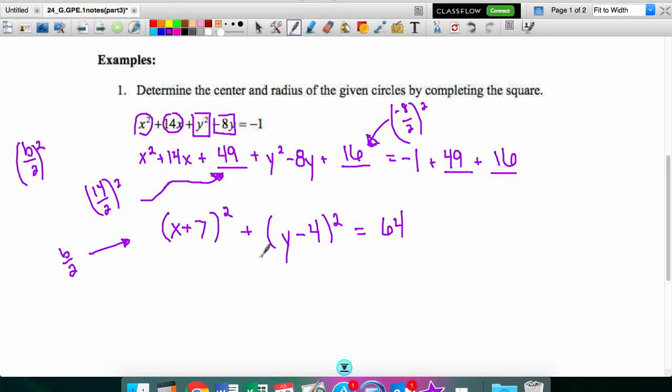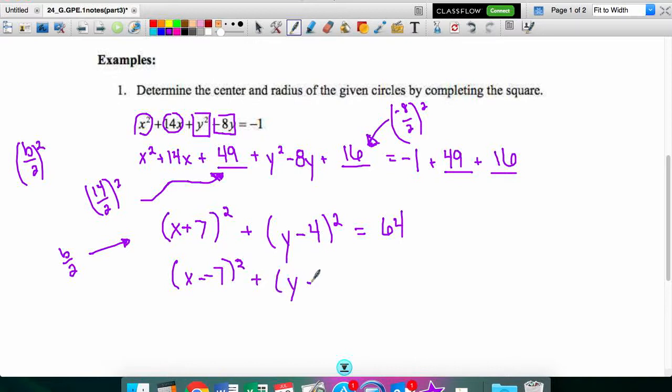From here, we can pull out the center and the radius as we did in section 7-8 by rewriting any positives as double negatives and identifying the radius by taking the square root of the constant on the right-hand side. So x plus 7 is the same thing as x minus a negative 7 squared.